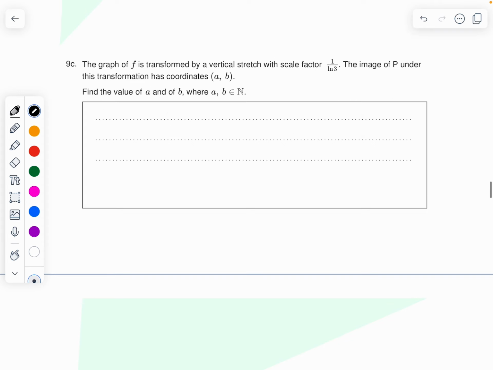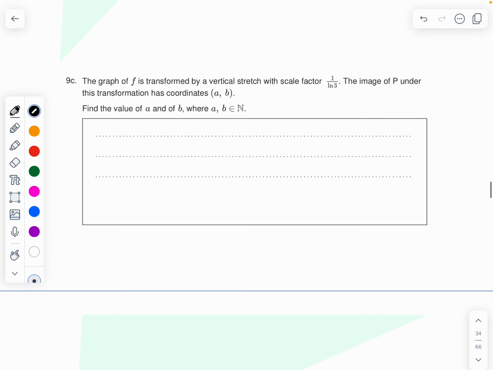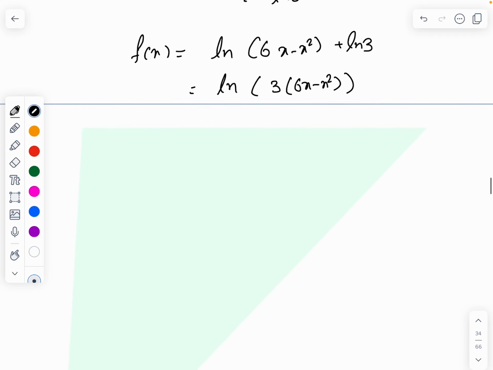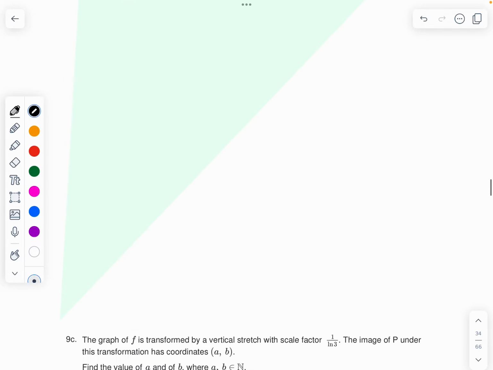So what is it telling over there? The graph of f is transformed by a vertical stretch with a scale factor 1 upon ln 3. The image of P has the coordinates a comma b.